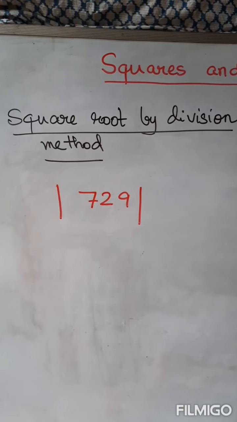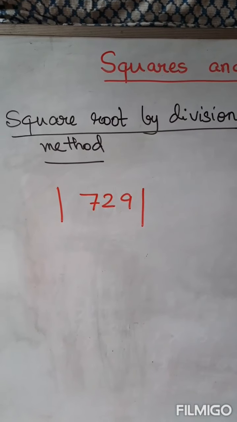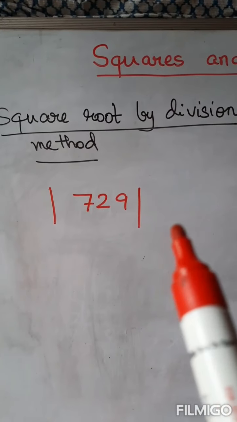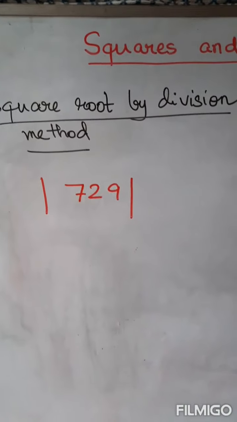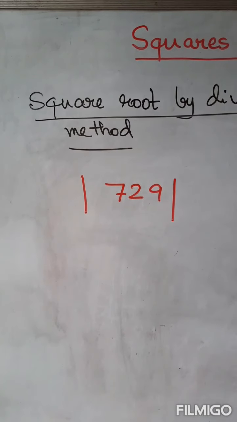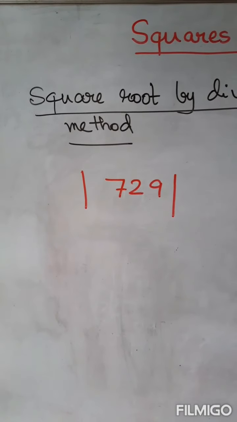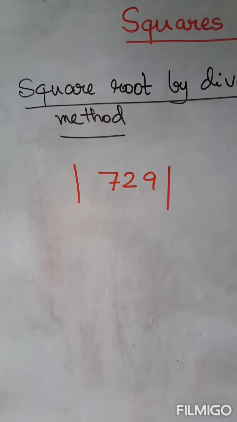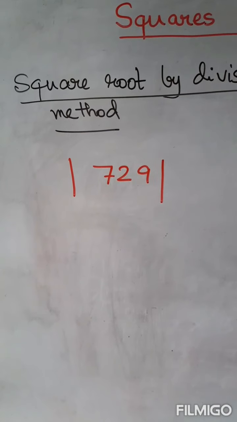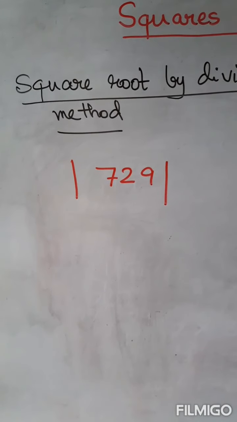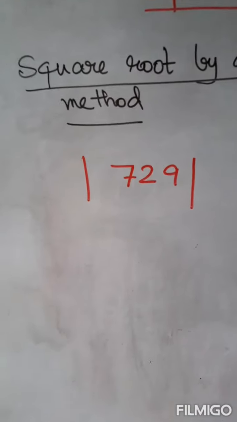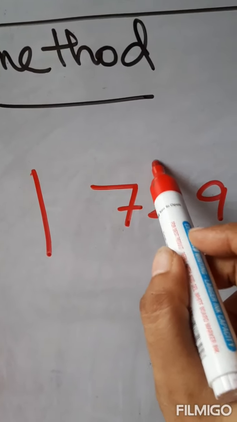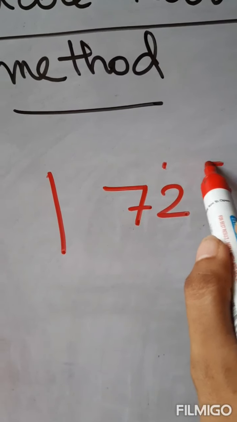Now we will learn square root by the division method. We have a square number 729, and we have to find the square root of 729 by the division method, not by prime factorization. Here the first step is to find the pairs. Because it is a square number, we will take 2 digits in consideration from the units place.